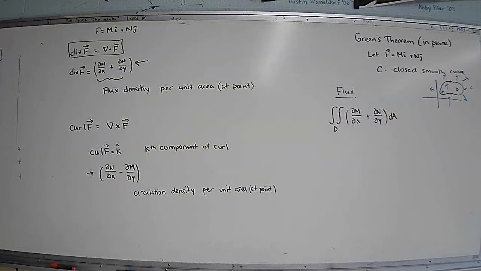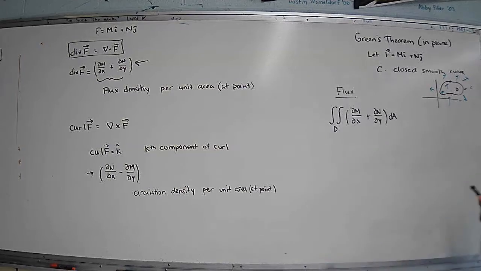So what's that going to equal? It's going to equal the net change in flux along the boundary. Because this right here was a net change in F along the boundary. It's just that the boundary was a very simple boundary, two endpoints.